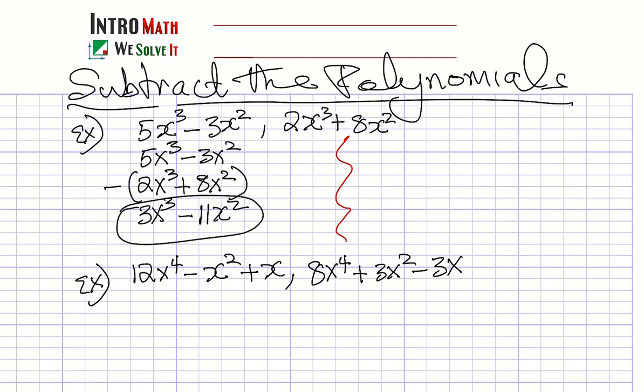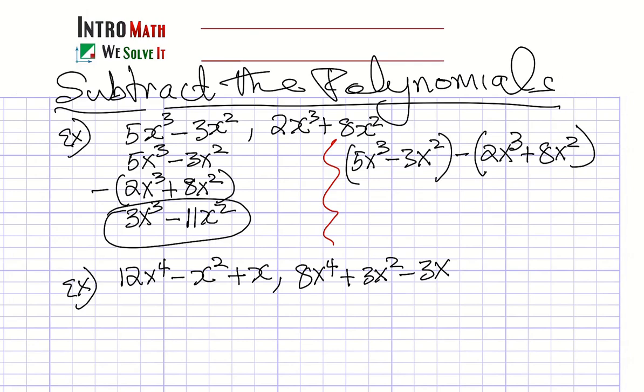Okay. You can do it the other way. You can say 5x raised to power 3 minus 3x raised to power 2, minus 2x raised to power 3 plus 8x raised to power 2. So when you remove the bracket, 5x3 minus 3x2, and then it becomes minus x3 minus 8x2.